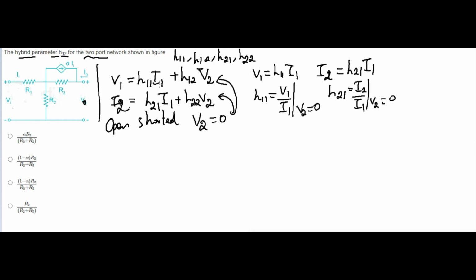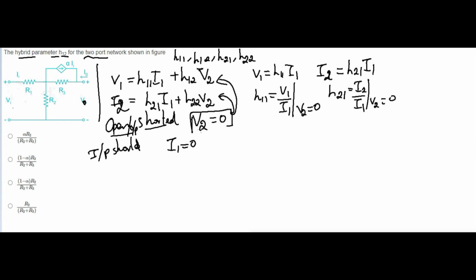Because we made the output shorted, now you go for the input open, where I1 is equal to 0.